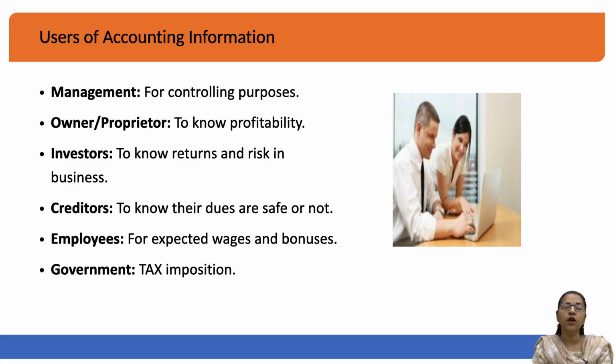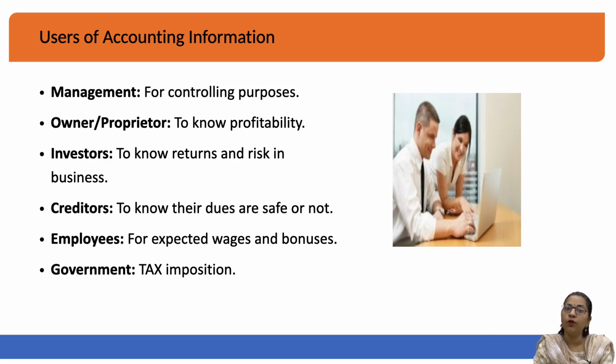Next is the government. Now, why is the government interested in your business? Why does the government want to see your results? The answer is simple. It is for taxation purposes. It is the government who will be levying taxes on your company. And if the government is levying taxes on your company, it would definitely want to know whether the company is going into profits or losses.